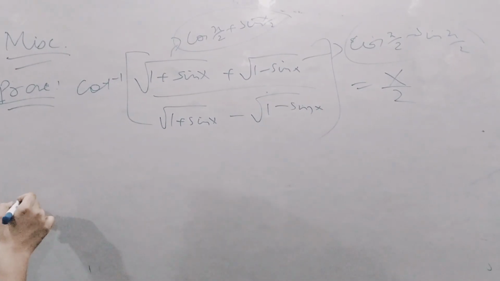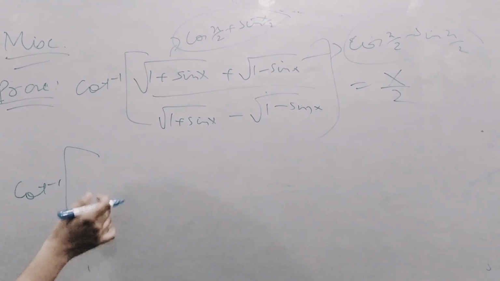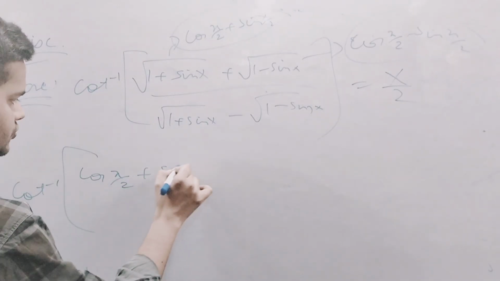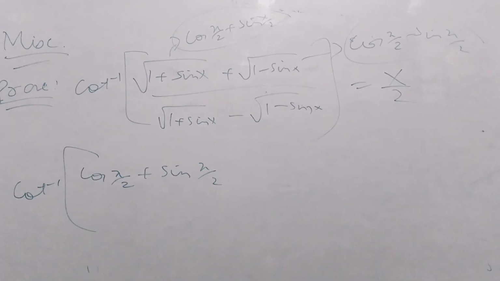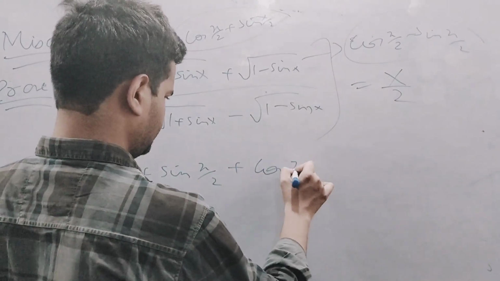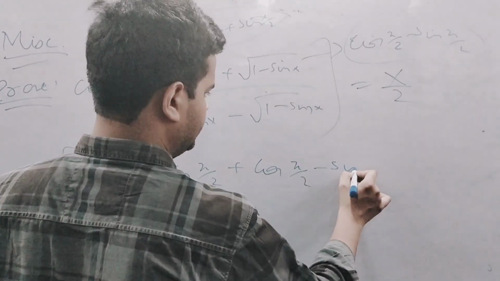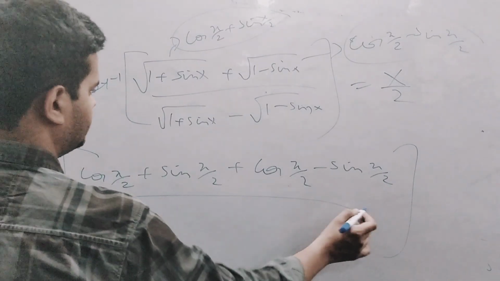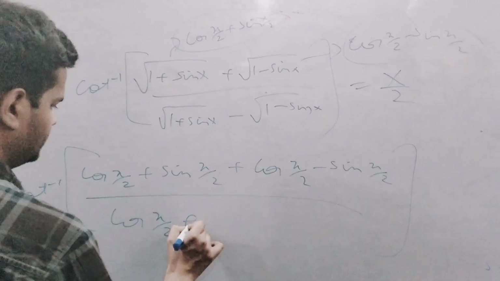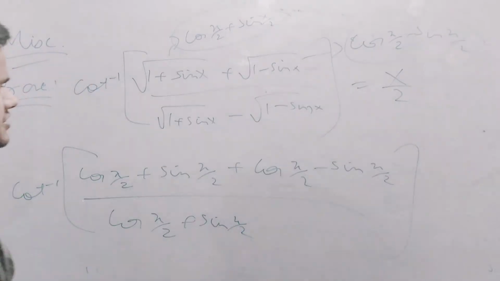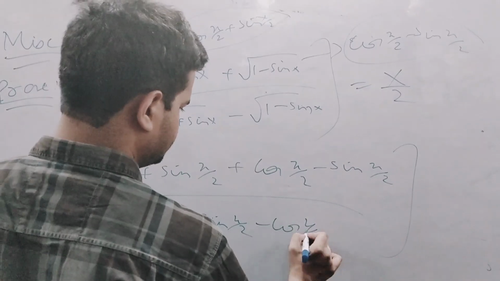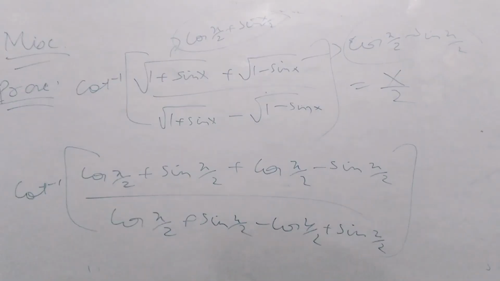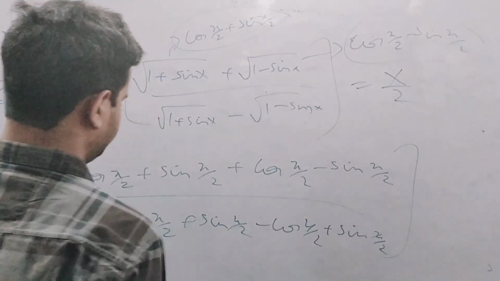It is cot inverse of 1 plus sin x is cos x upon 2 plus sin x upon 2 plus cos x upon 2 minus sin x upon 2, upon cos x upon 2 plus sin x upon 2 minus cos x upon 2 plus sin x upon 2.